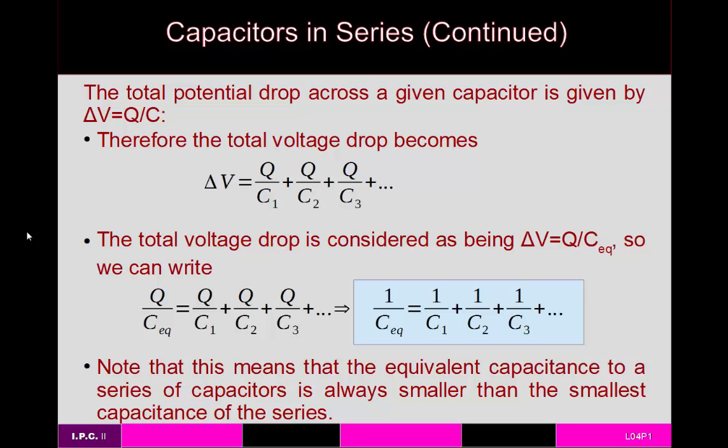And you'll notice that for capacitors, if they're in series, you take 1 over the total, and it's equal to 1 over the first plus 1 over the second plus 1 over the third. Well, that's the same thing for spring constants for springs in series. 1 over the effective equivalent spring constant is 1 over the first spring constant plus 1 over the second plus 1 over the third, and so on. Whereas in parallel, the total spring constant is equal to the sum of the individual spring constants, and the same is true of capacitors.